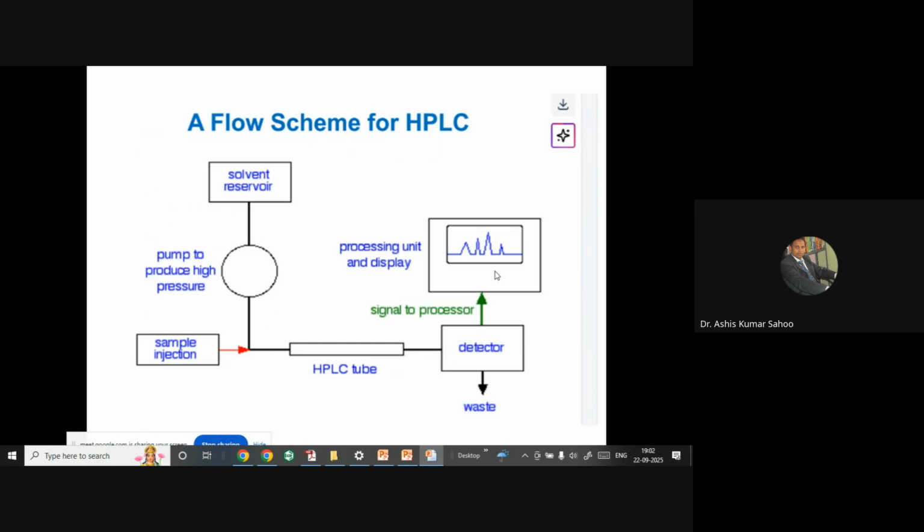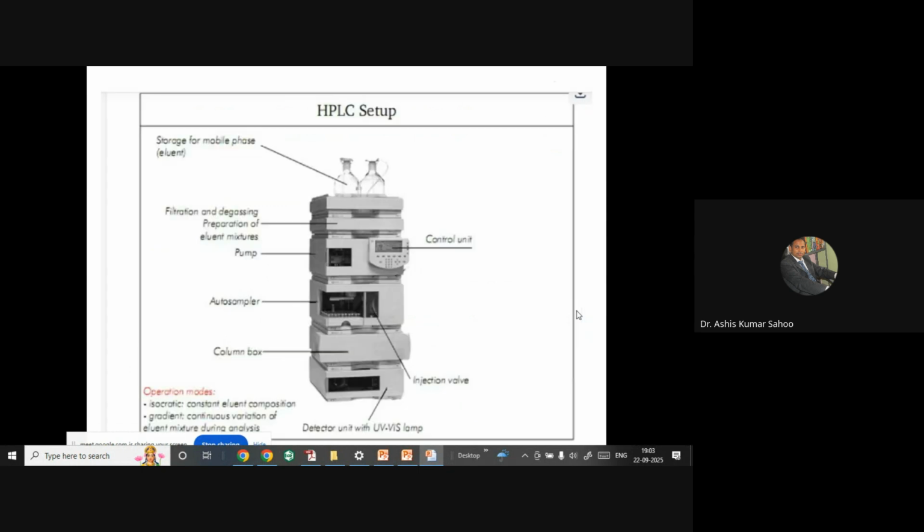The sample will be injected here, and this is the total process of HPLC.